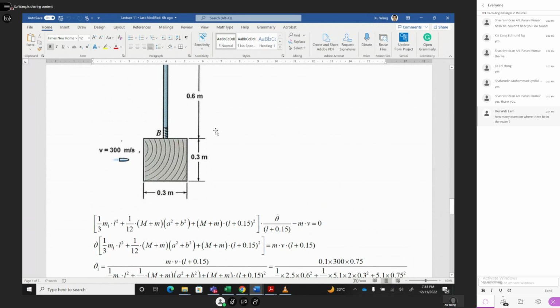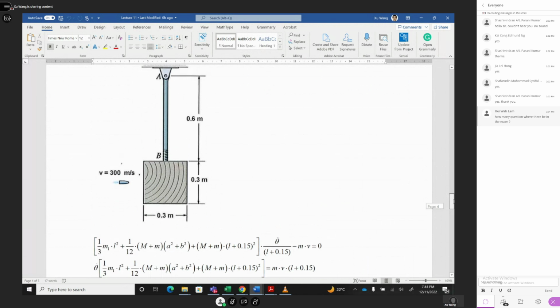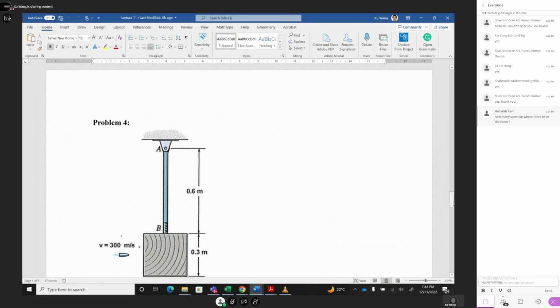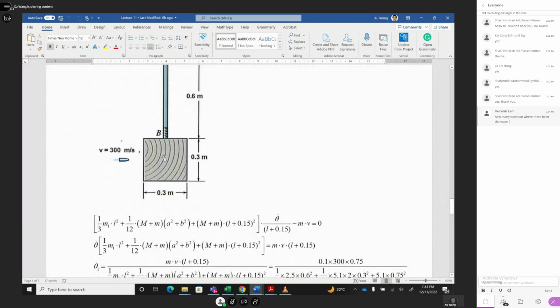What is I after putting it together? It's one piece, the total system. What is the rotational inertia? It equals this block's rotational inertia with respect to this point. This equals the center of gravity rotational inertia of the block; for a beam, the rotational inertia about the axis perpendicular to the screen is 1/12 of the total mass, the block m plus the bullet's small m, times a square plus b square.